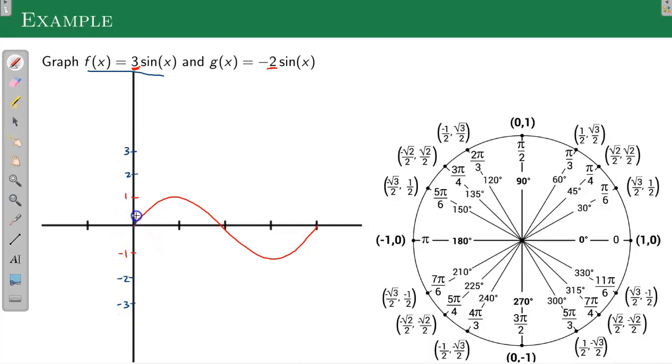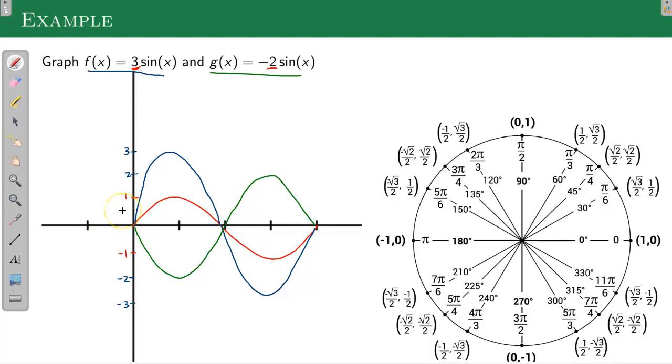So now my graph would look like this. Again, the waves happen in the same place. They're just bigger. And then the last one, -2 sine of x. So they go up 2 and down 2. I already have those on my graph. The only difference is this negative means the waves go in the opposite direction. That's the basic idea of how this is going to change my sine graph.